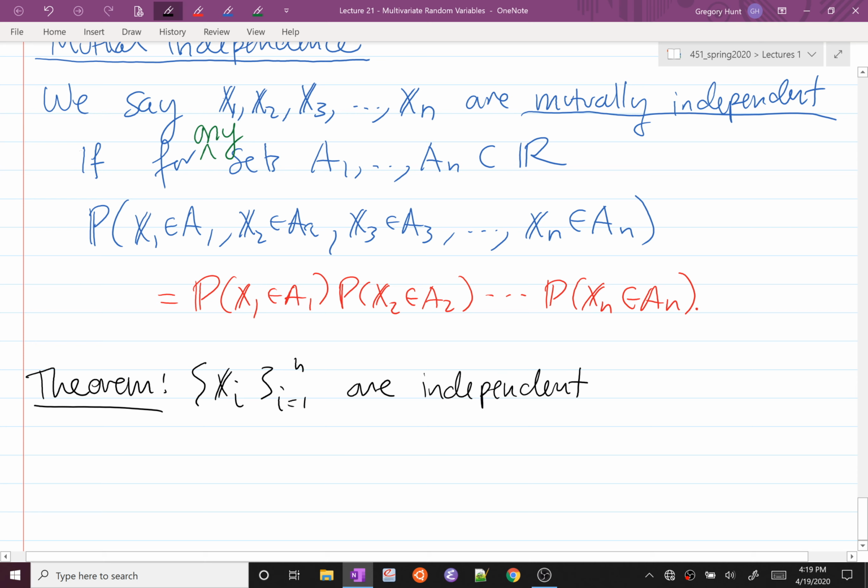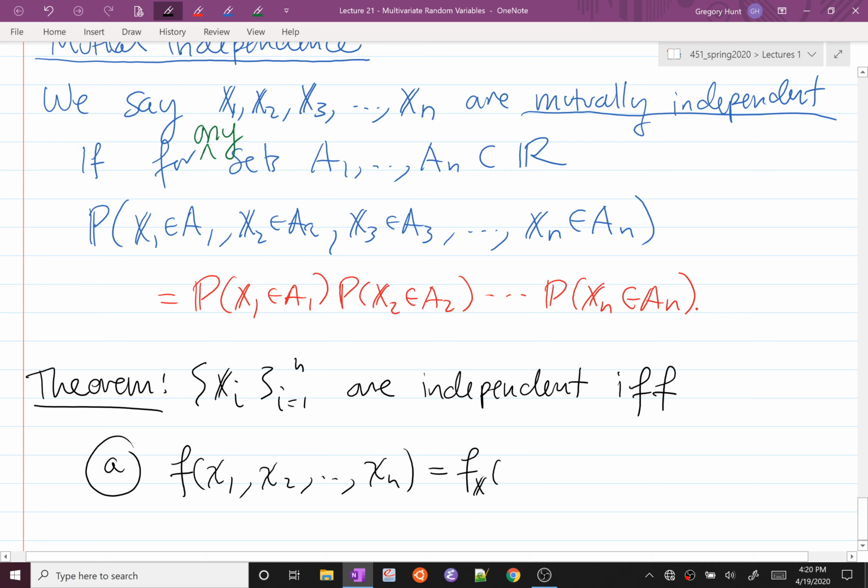They are independent if and only if, if I look at the joint distribution of all these, joint PMF or PDF, I can factor that as the product of the marginals.